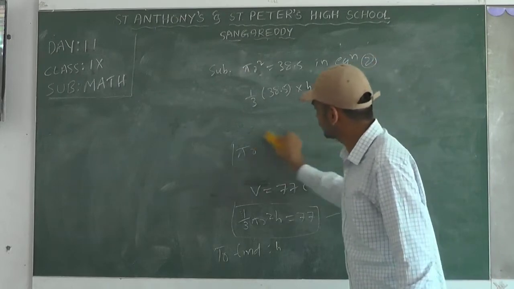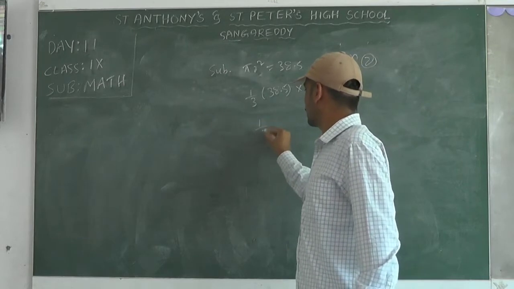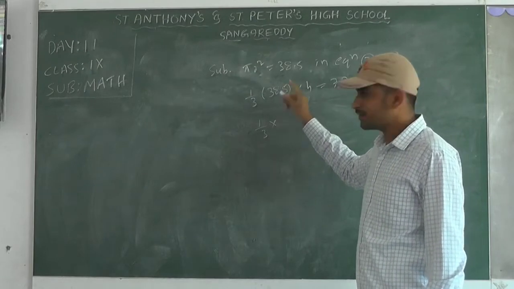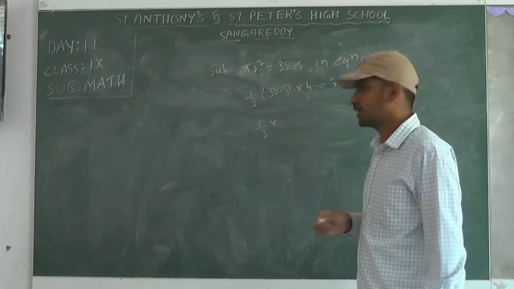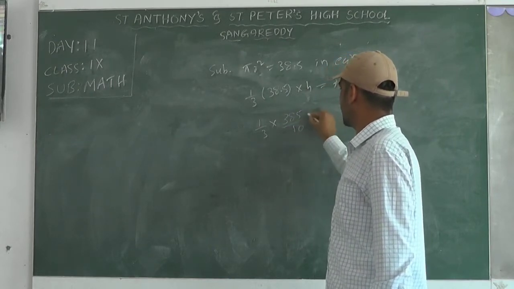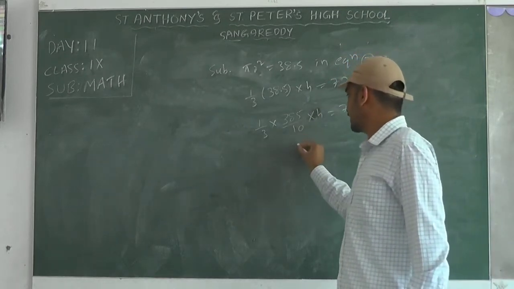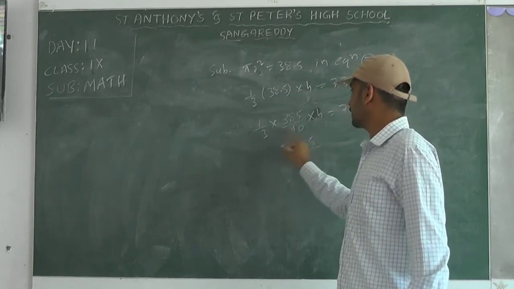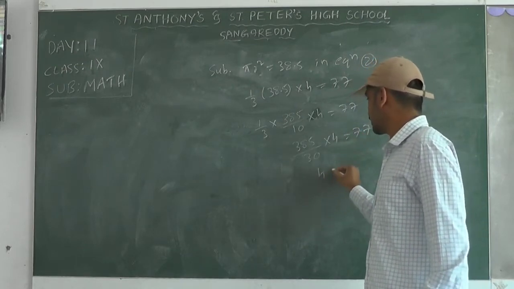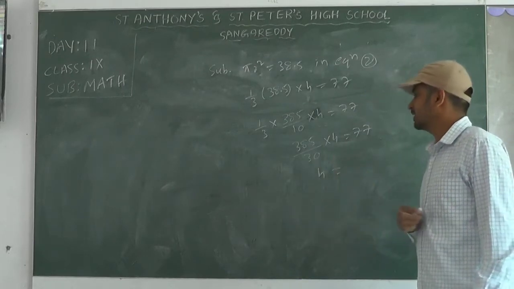So I want to write this: 1 by 3 into 38.5. I want to write 385 by 10, converting decimal form into rational form. So 385 by 10 into h equals 77. Otherwise 385 by 3 into 10, that is 30, into h equals 77. So h equals, here 385 is a multiplication; if I transpose, it becomes a division.